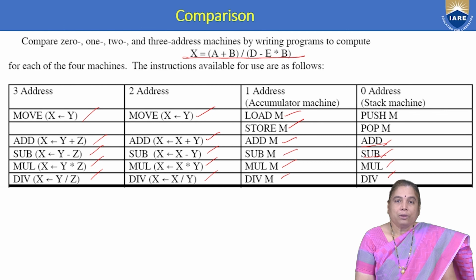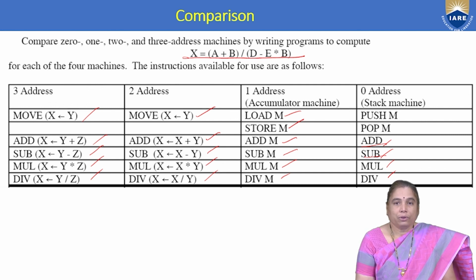When the 0 address instructions are considered, they are purely stack based. Push and pop operations are needed, and for expression evaluation, the expression can be represented in reverse polish notation so that it can be evaluated easily.